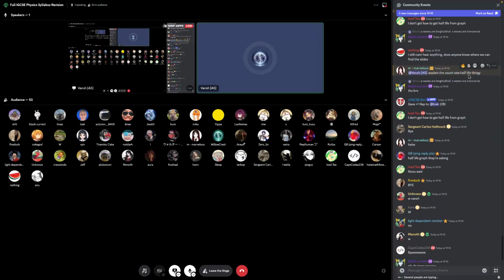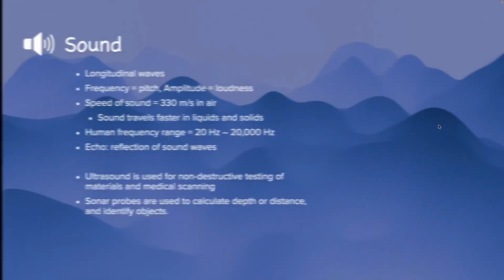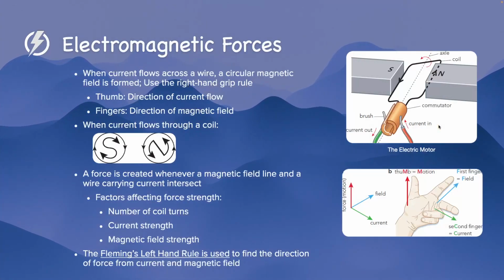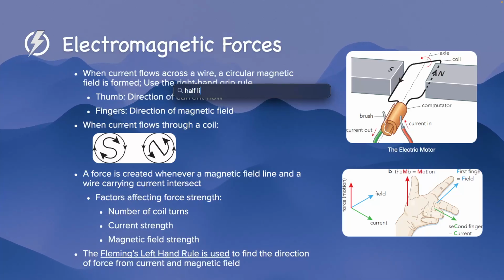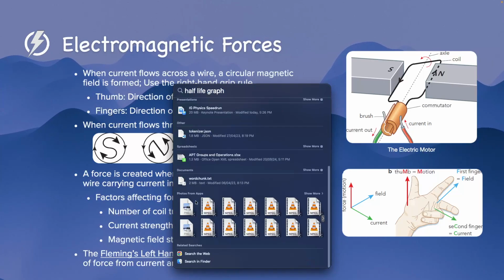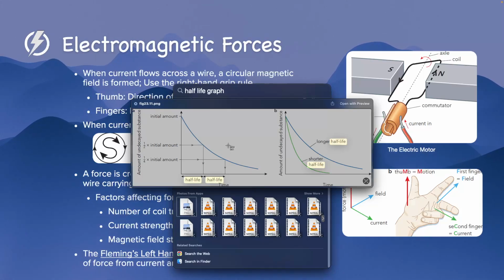Explain the count rate half-life thing. Okay, one sec. So I'll just search up a half-life graph for you. Half-life graph to show you guys. Yes, so you can see this image right here.